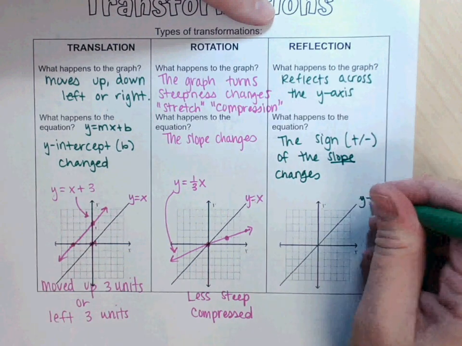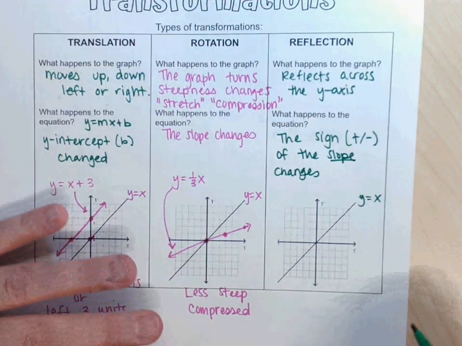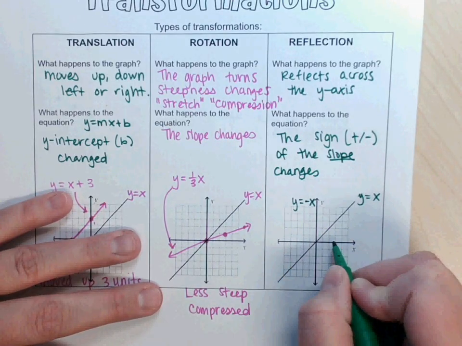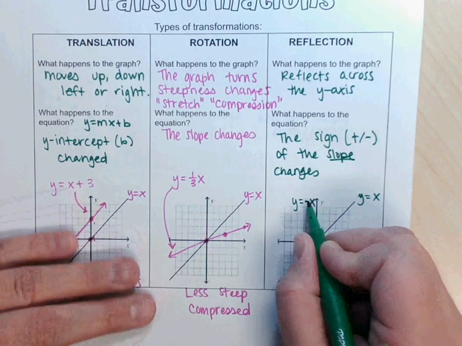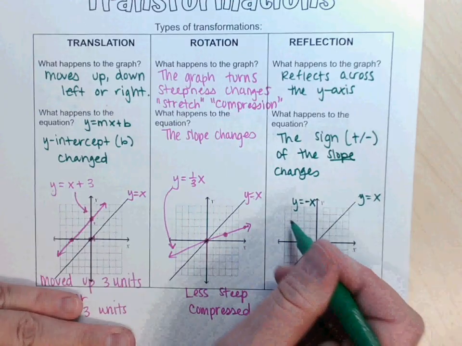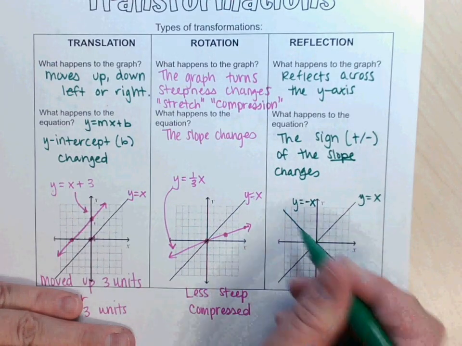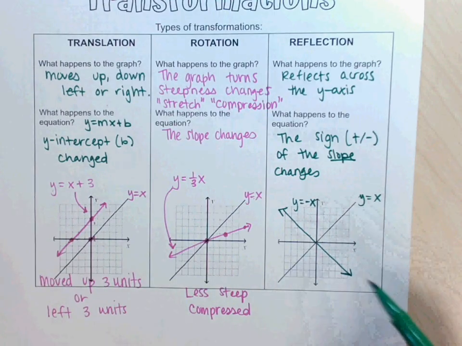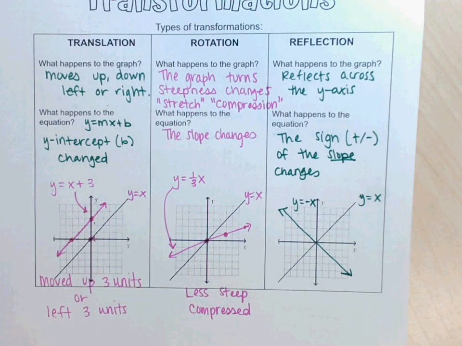So if this is y equals x, the parent function, if I did y equals negative x instead, so instead of positive 1 for a slope, it's a negative 1, then it's going to look like this. And so I would say that it reflected across the y-axis.